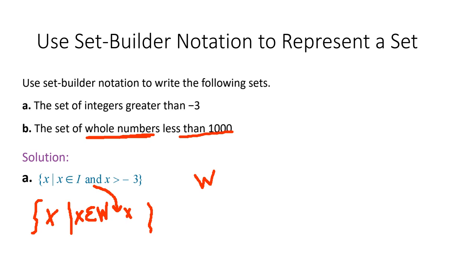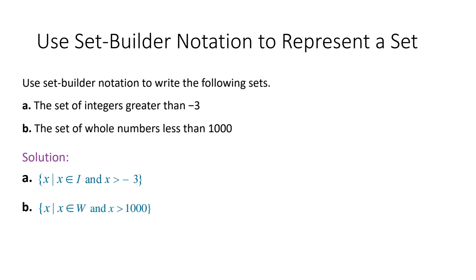So when I click, you'll see it a little bit cleaner here. So we have our x such that x is an element of W, and x should be less than 1,000. Okay.